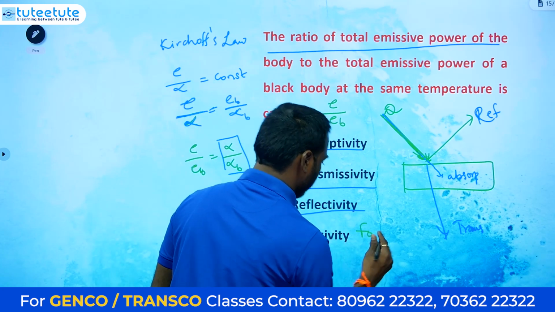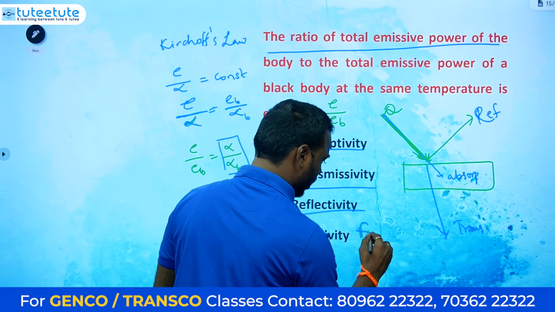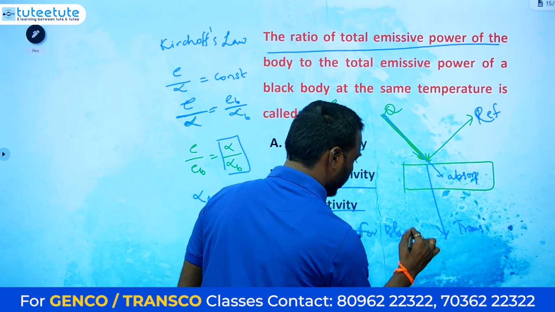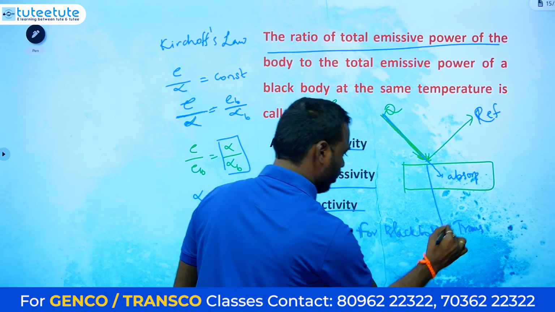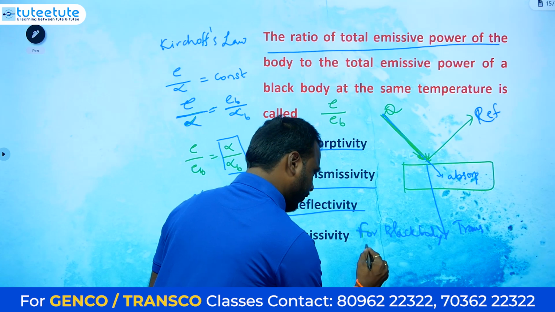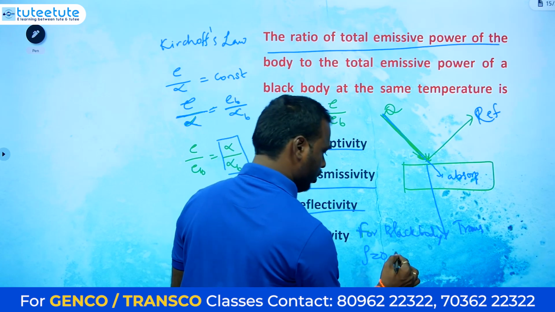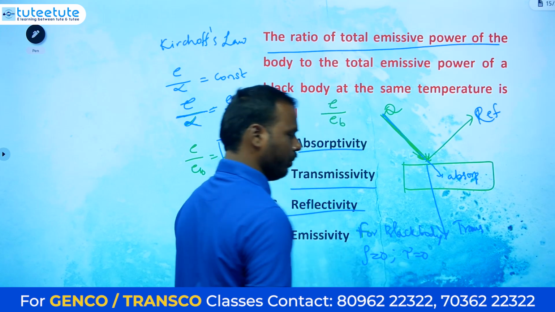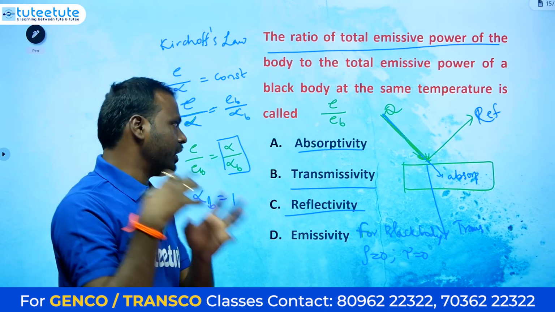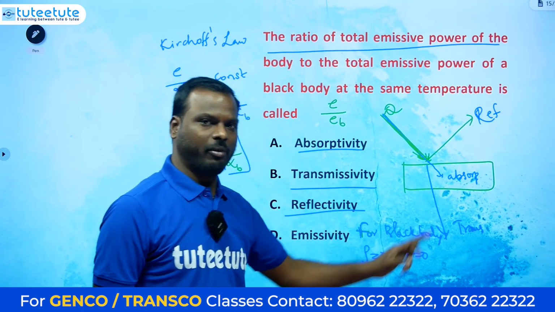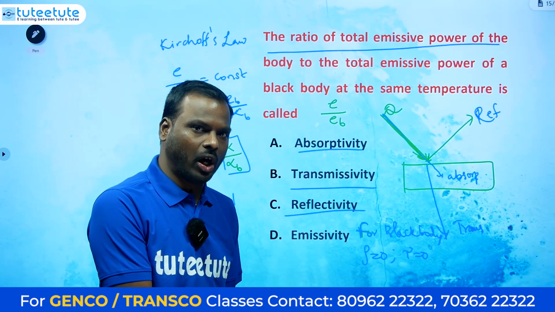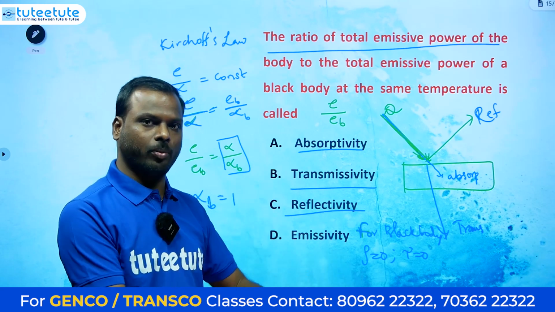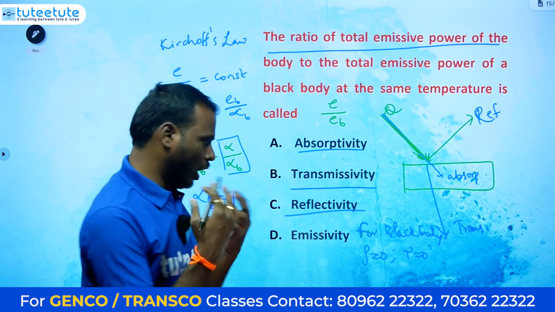Here I am writing for the black body. A black body is nothing but one where the reflectivity is equal to 0 and transmissibility is equal to 0, meaning whatever the incident ray Q falls on the black body, the total energy will be absorbed only.